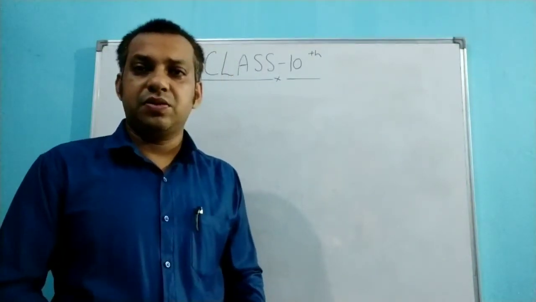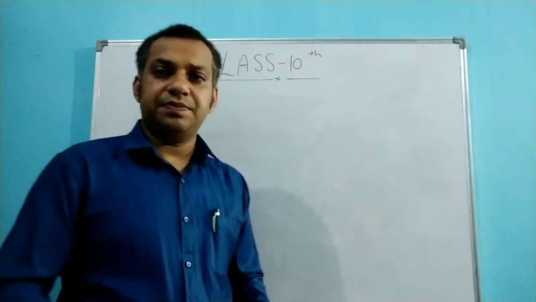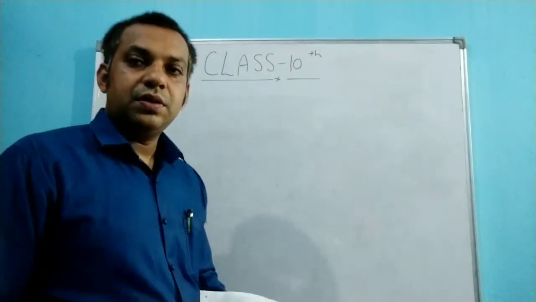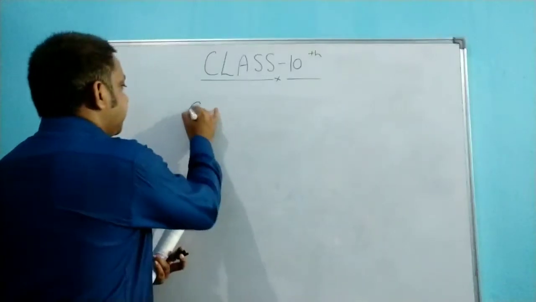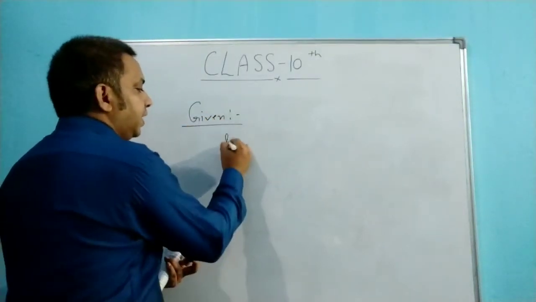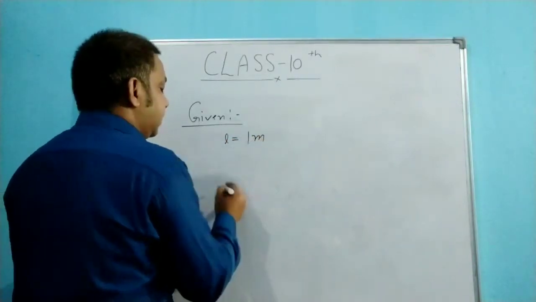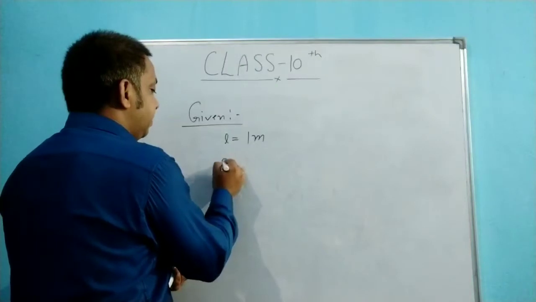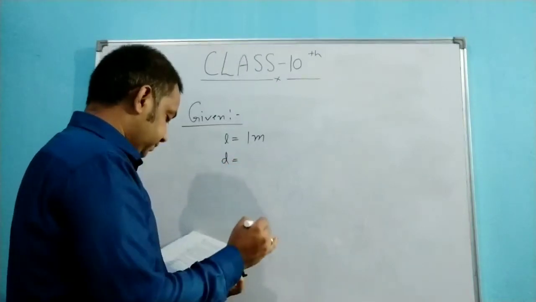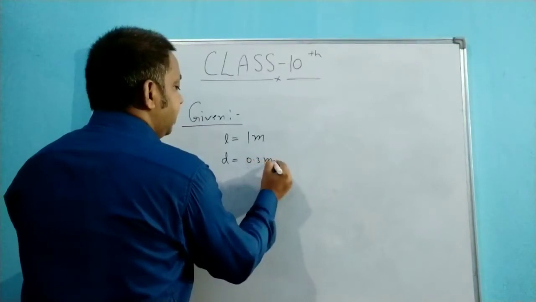So let us note down the given values of the question. The length of the metallic wire is given as 1 meter, and the diameter is given as 0.3 millimeter.